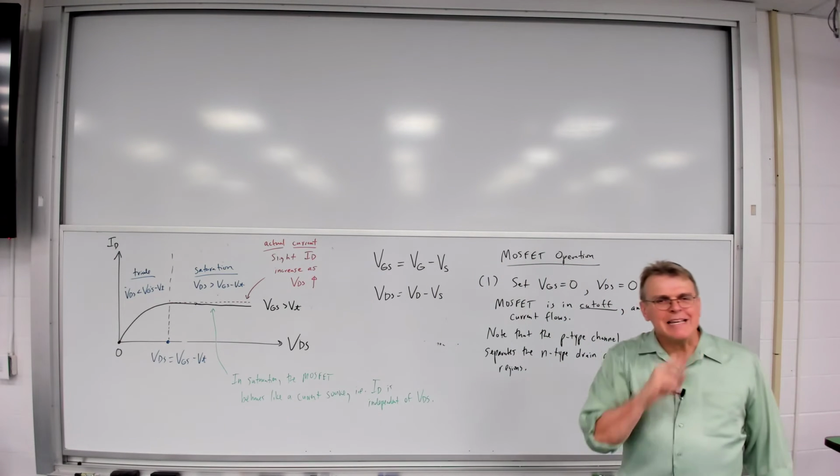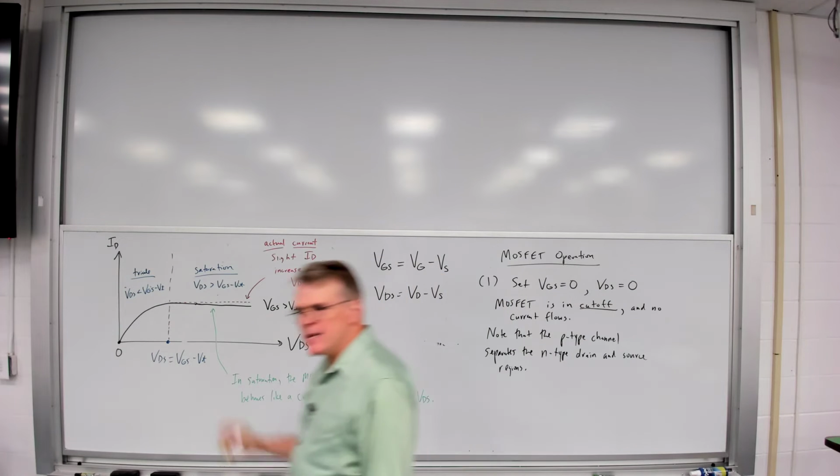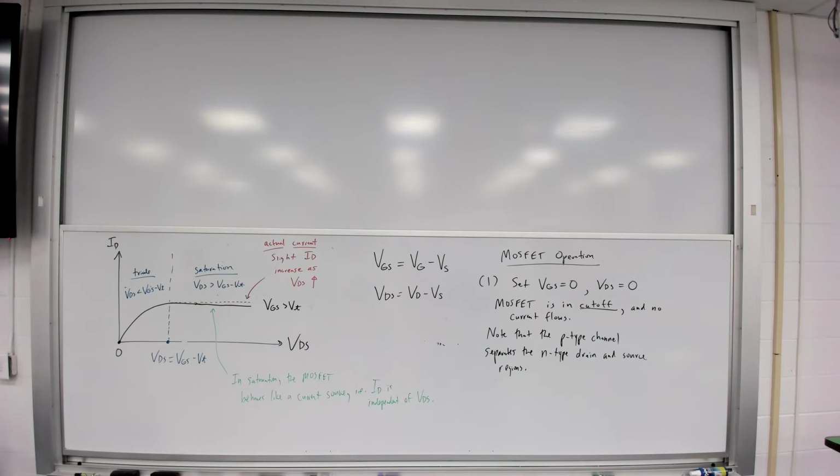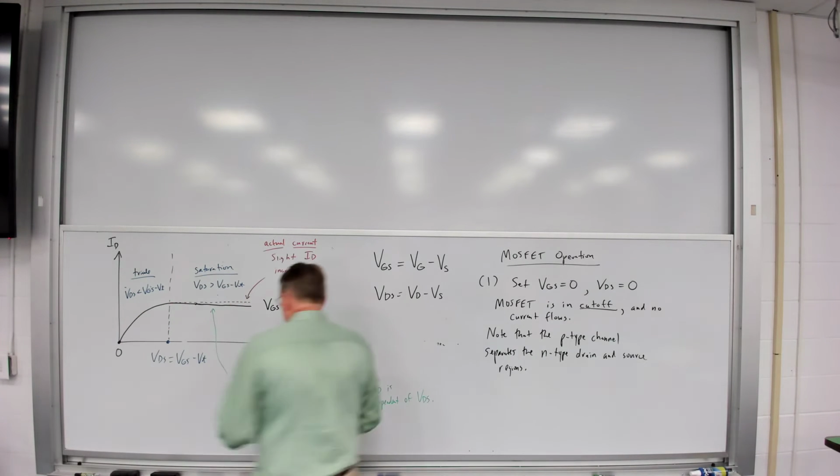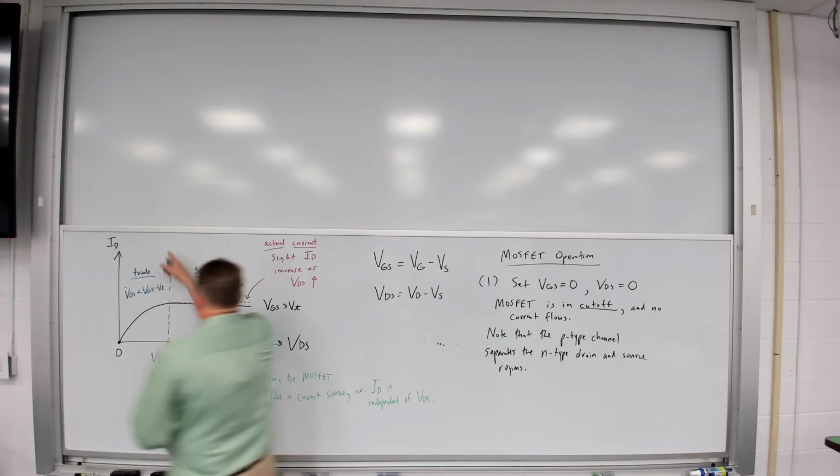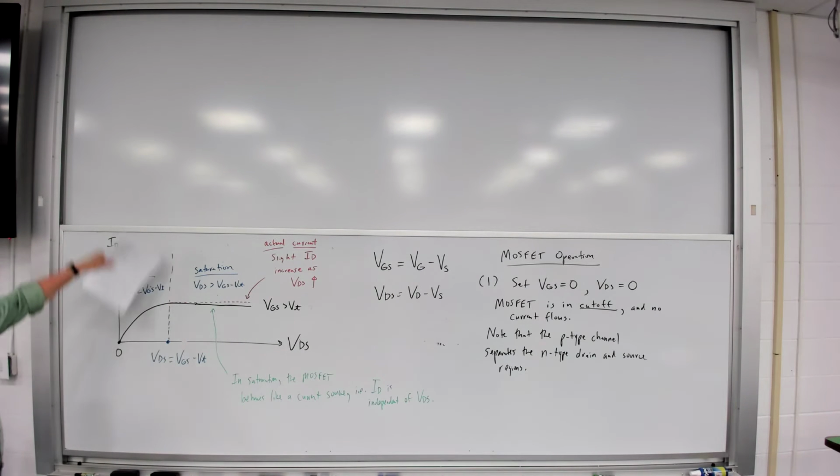So ID is independent of VDS. That's what I mean when I say it's like a current source. Not that I can generate energy or get power out of it. Okay? Now, here is the boundary. This is the boundary condition.